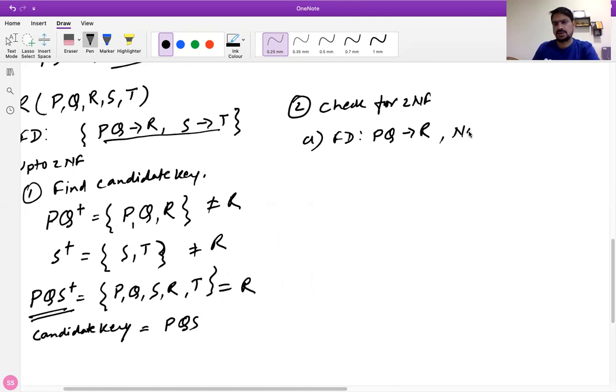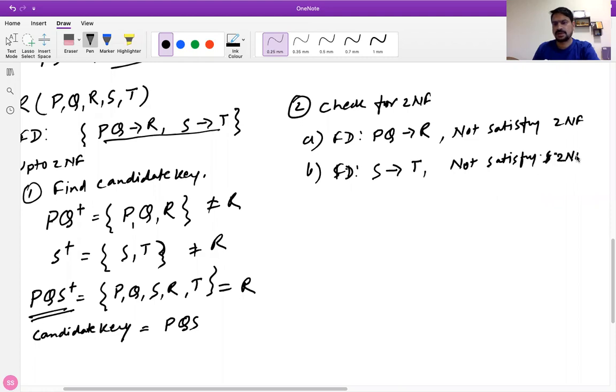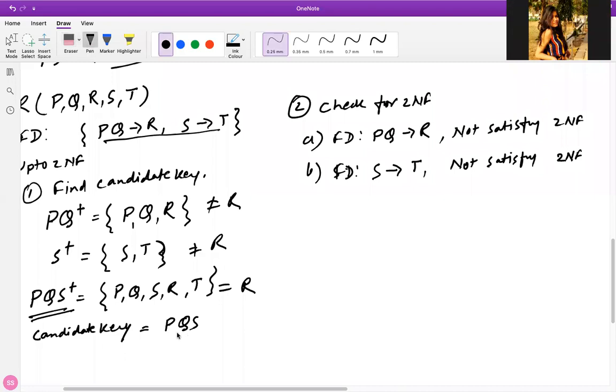So it does not satisfy second normal form. The second one is S determines T. Here it also does not satisfy second normal form. Why? Because S, which is the determinant, is a part of the key. What is the key? The key is PQ and S.